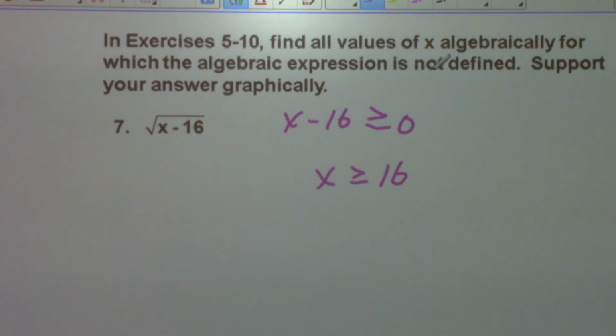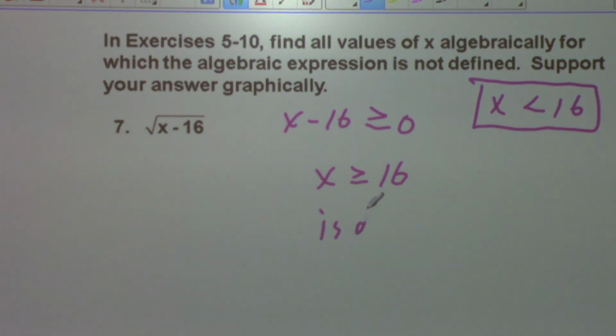How do we tell where x is not defined? Flip it. Yeah, x is less than 16 is not defined. So this is defined, and the way the question is worded is this is not defined, and so therefore this is our correct answer, okay?